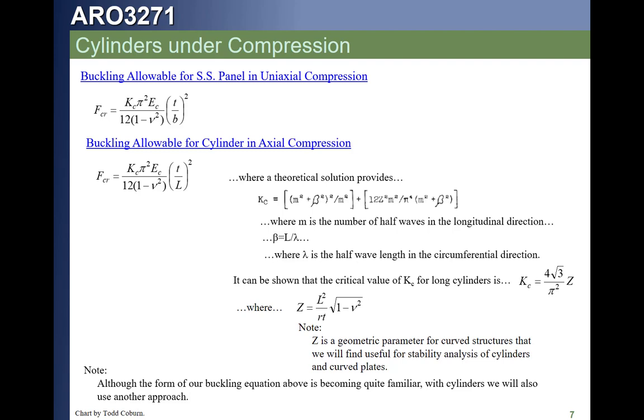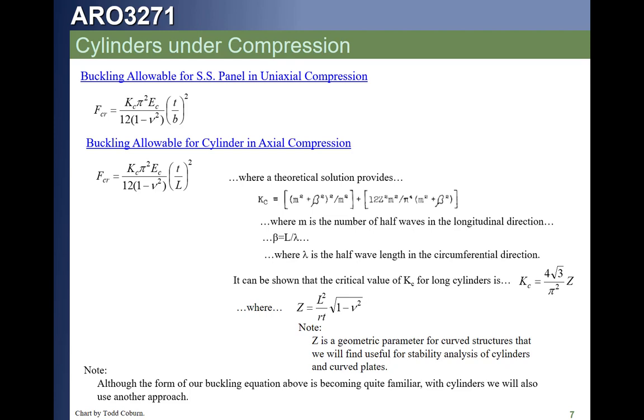Where with flat panels we basically just look up our k in order to evaluate the compressive buckling strength or critical strength, when we're dealing with a cylinder, we're going to be using this new parameter Z, where we're going to calculate the length squared over the radius and thickness times the square root of 1 minus nu squared.